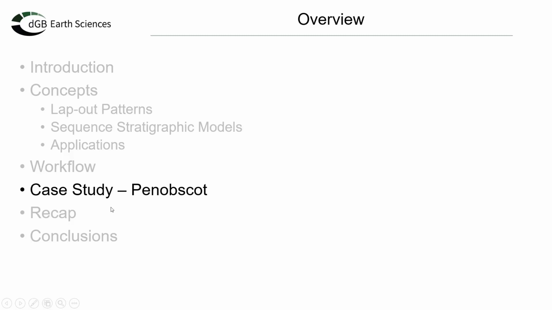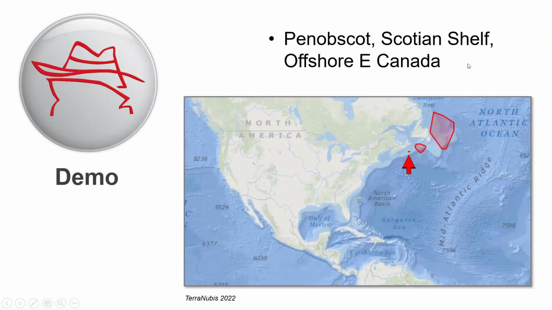Next, let's talk a little bit about the case study that I have prepared for you from the Penobscot dataset before we move to OpendTect. The dataset here comes from offshore eastern Canada. The Scotian Shelf, this little red arrow points to this little point here. This is a screenshot from TerraNubis, by the way.